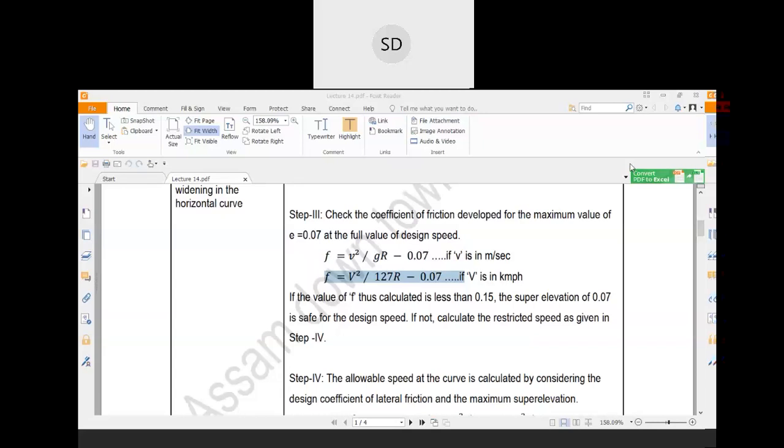So you are getting a value of 0.087. Now, that 0.087 value is lesser than 0.15. Therefore you can provide a super elevation of 0.07, and in that case it will be safe.